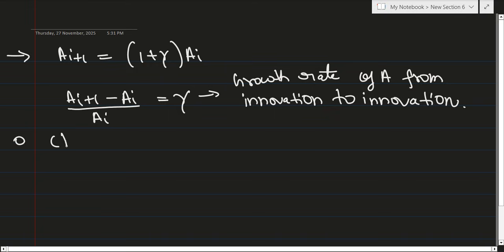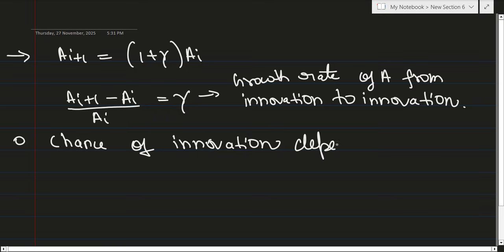Okay, so now basically what we know is that the chance of innovation depends on research effort.